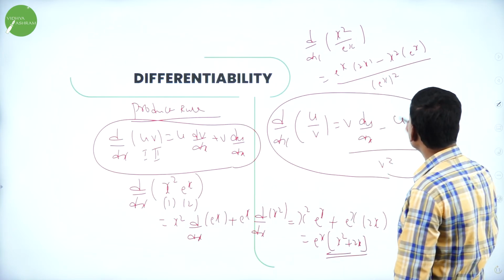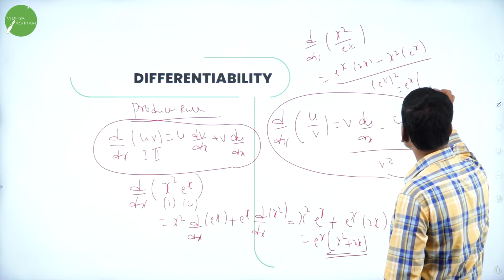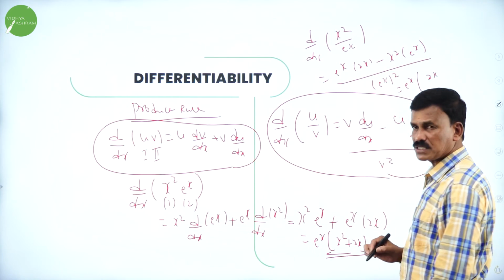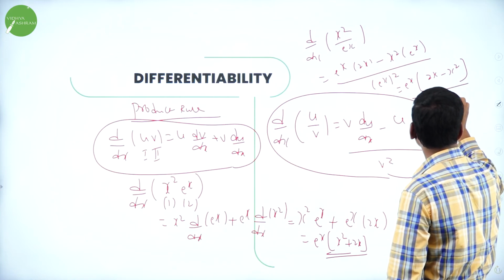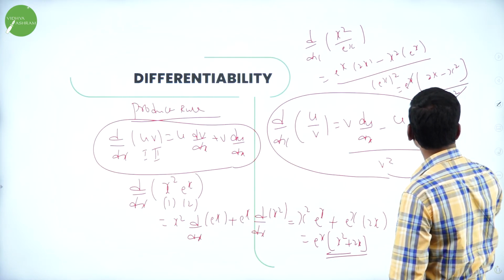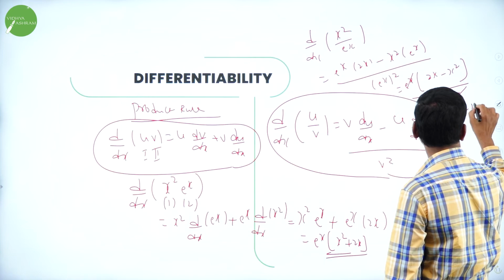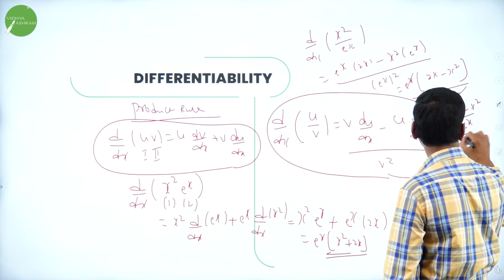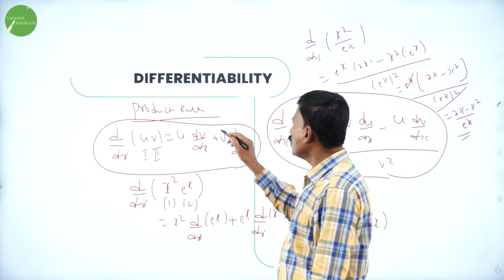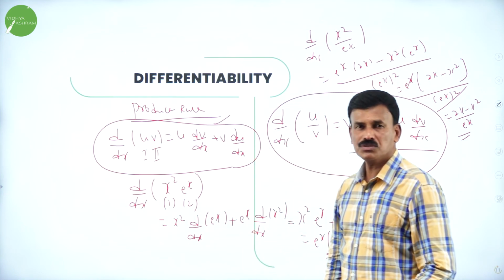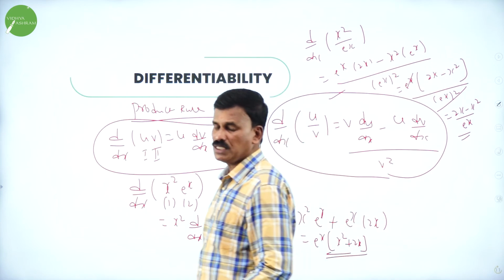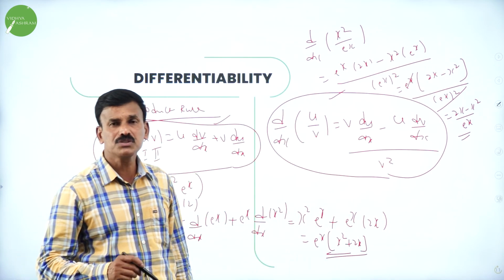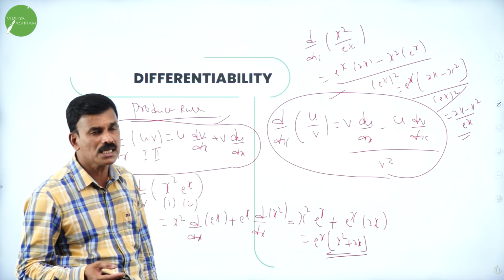So if you want, you can take e power x common factor out, 2x minus x square divided by the denominator, one term gets cancelled, this is equal to 2x minus x square divided by e power x. So this is how we are going to differentiate a function using product rule as well as using the quotient rule. Okay, these are very important concepts which you might have studied in your previous class.